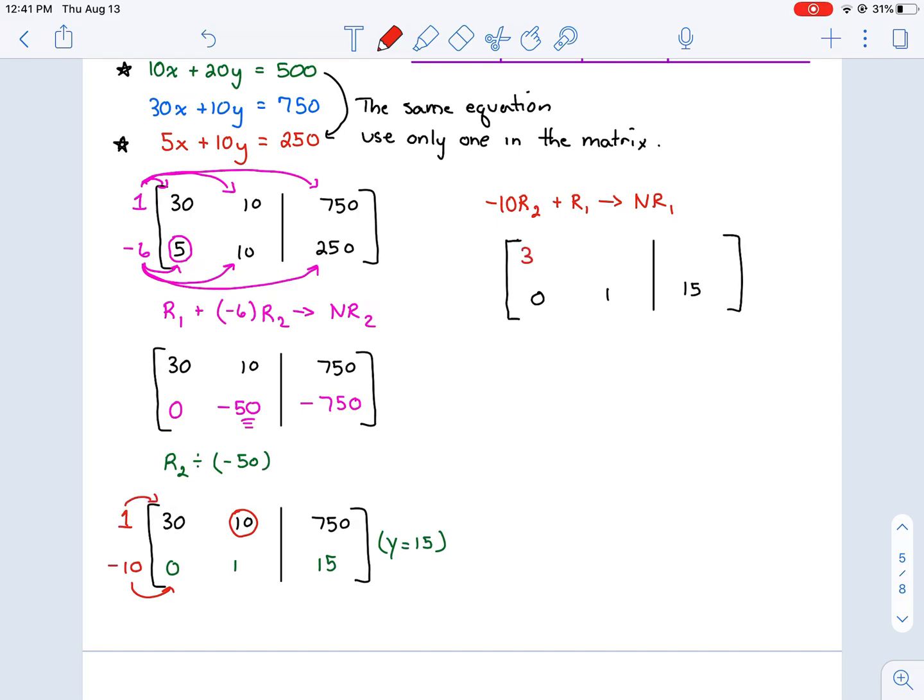In the first case, that'll be 30. Negative 10 times 1 plus 1 times 10 will be 0. Negative 10 times 15 plus 1 times 750 will be 600.